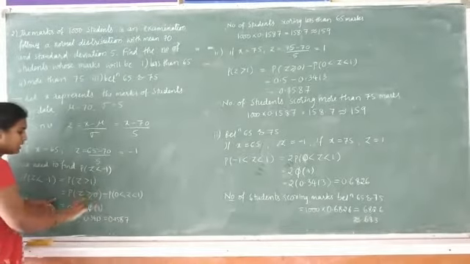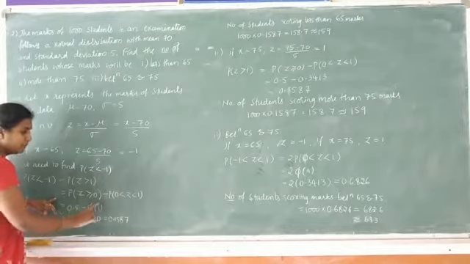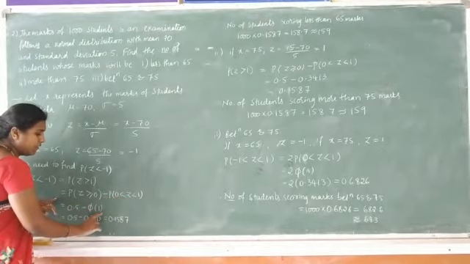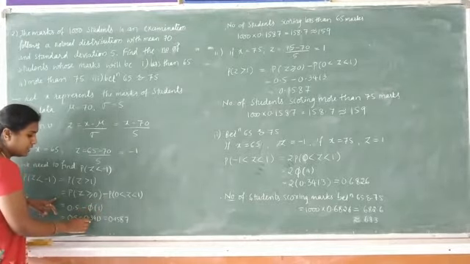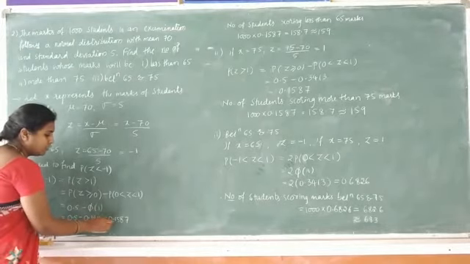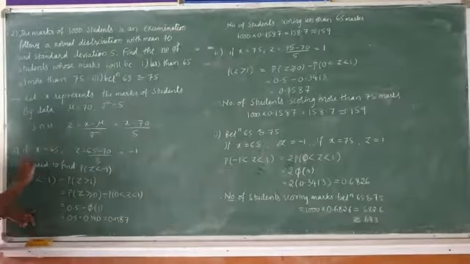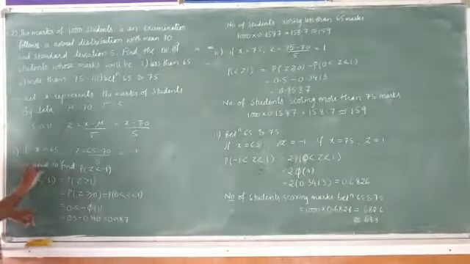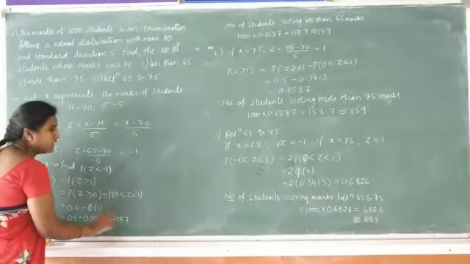And probability of z greater than 0 value is 0.5, and this we can write as phi of 1. And phi of 1 by the table we can write the value as 0.3413, and simplify this, here we are getting 0.1587, meaning the probability of a student scoring less than 65 is 0.1587.